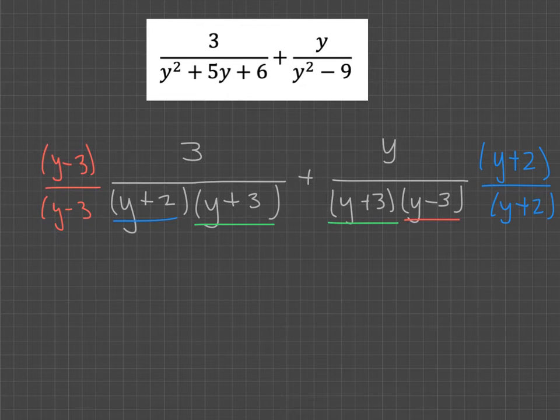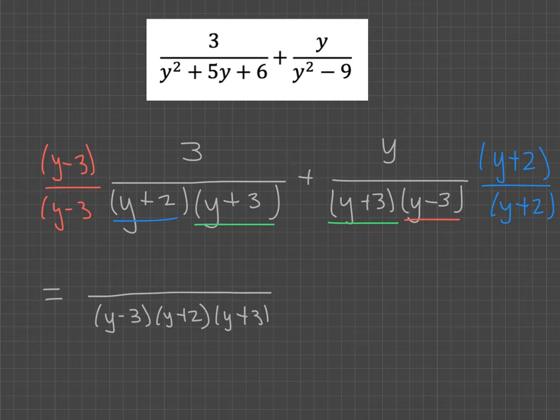Okay, that means that our common denominator is y minus 3, y plus 2, y plus 3. And to get the numerator, we are going to distribute. So distribute that 3 to the y minus 3. So we get 3y minus 9.